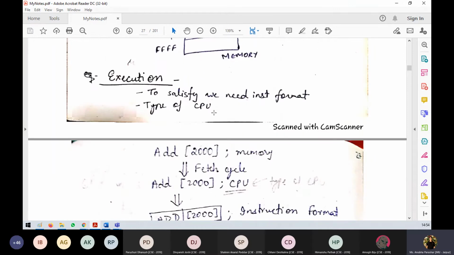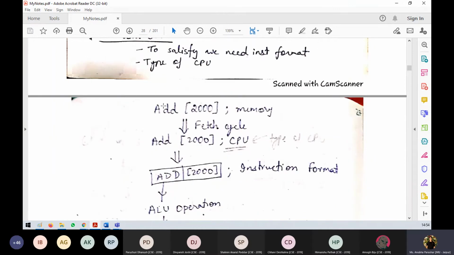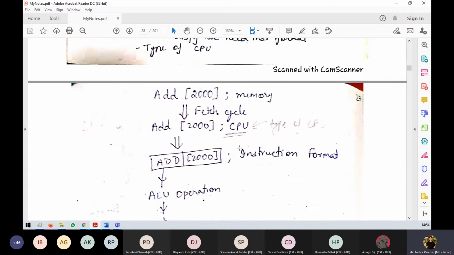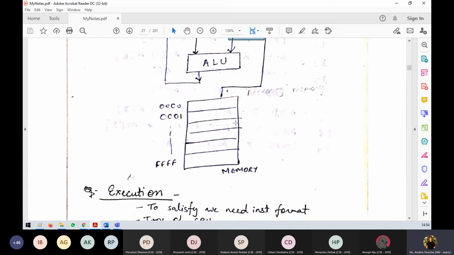So when we say that at, let's say, memory address 2000, it means the accumulator will have the accumulator plus your memory address. The memory address will not come directly. Why?